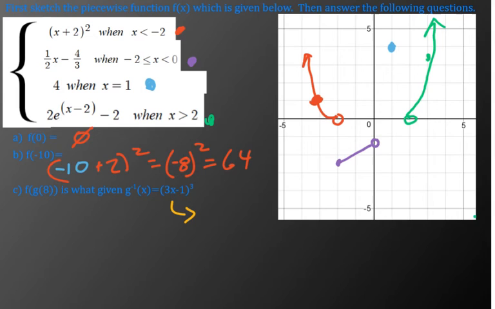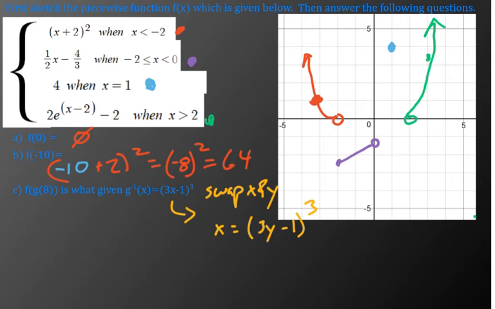Same thing here. You just do that whole swap x and y thing that we did with inverses. So instead of y equals this function of x, we're going to have x equals 3y minus 1 cubed, right? And then we solve for y, and that'll be g, right?